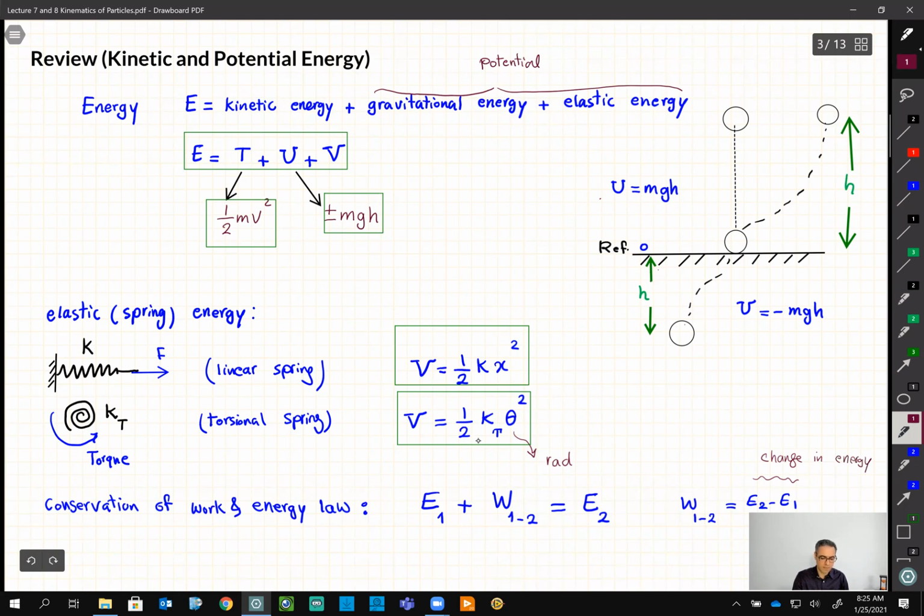But I like the first one because we can get a good mental picture of the process. We say our system has some energy, E1, then we do some work on it, plus the work that we do, W, and we move it to position 2, or to a speed 2, or to whatever change in the system, so its energy is going to be E2.